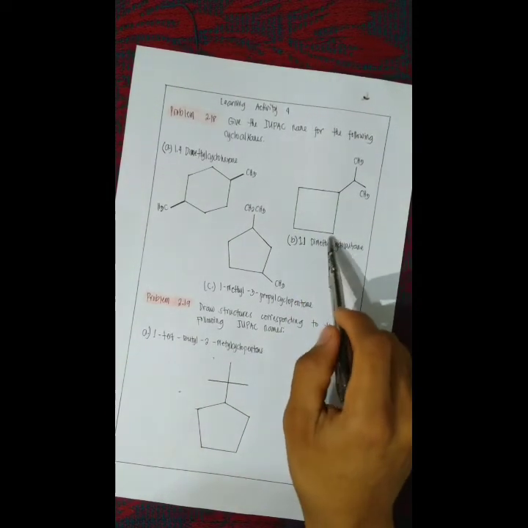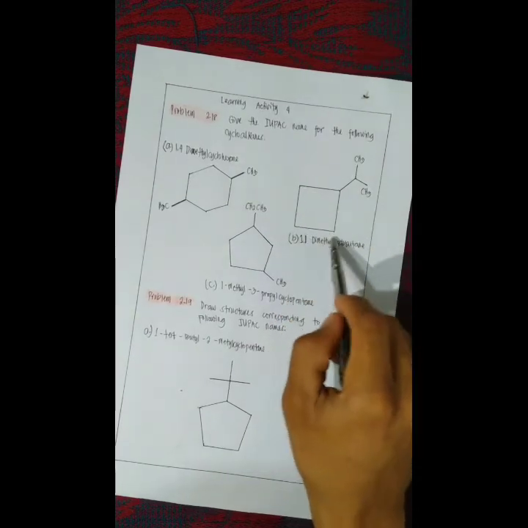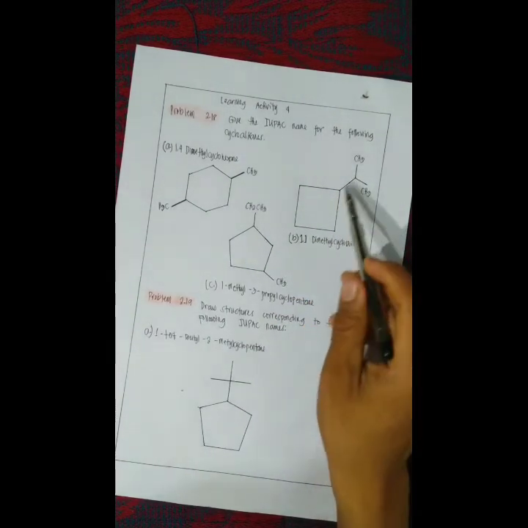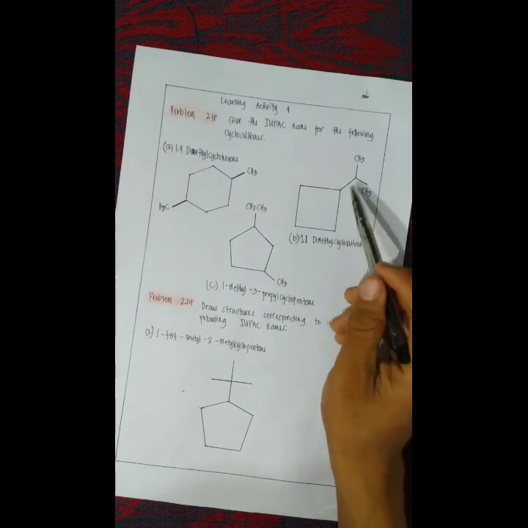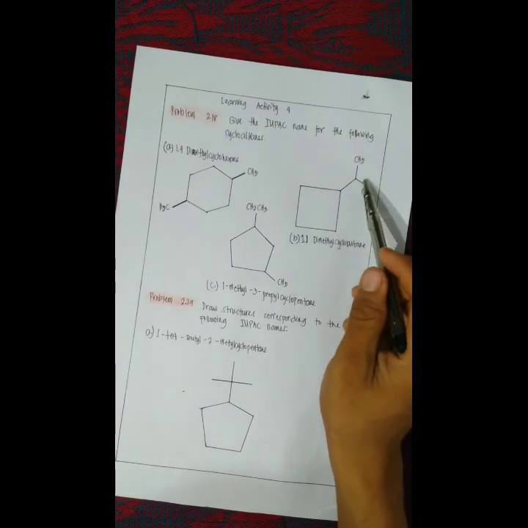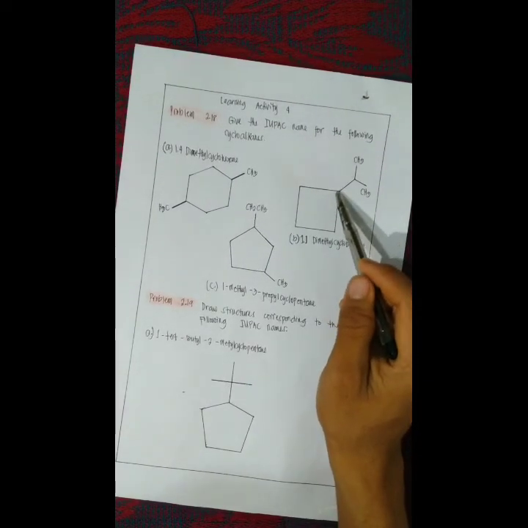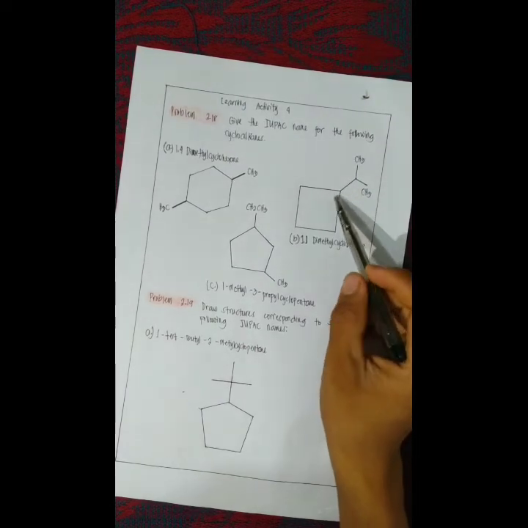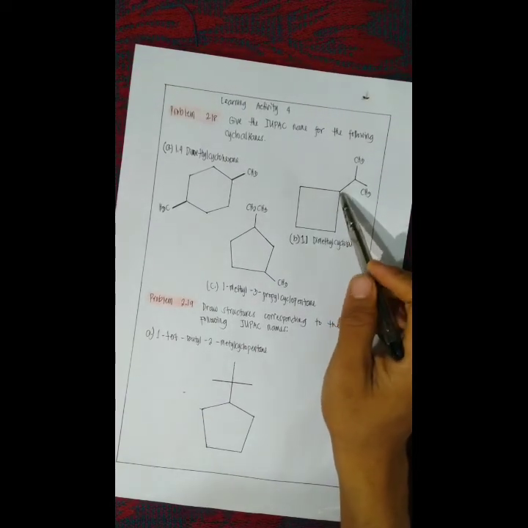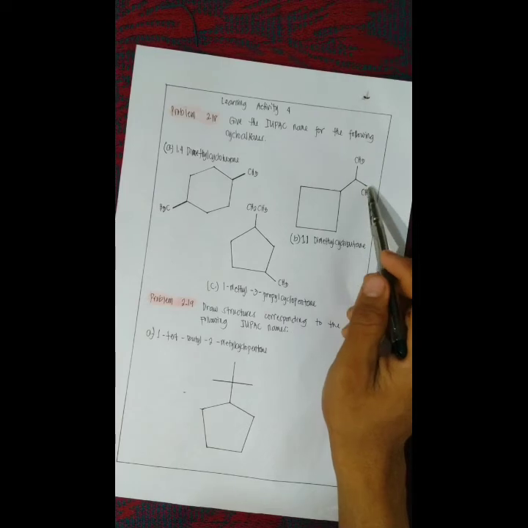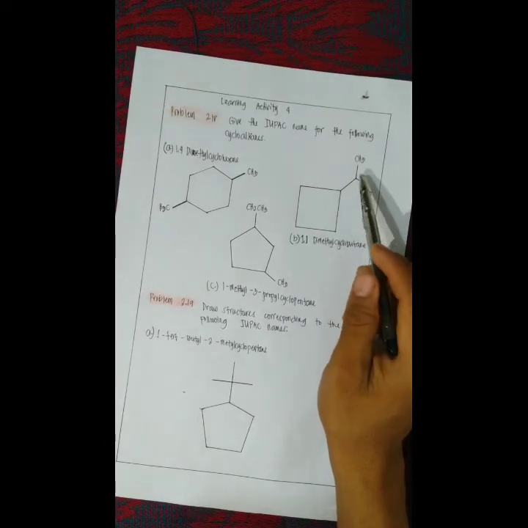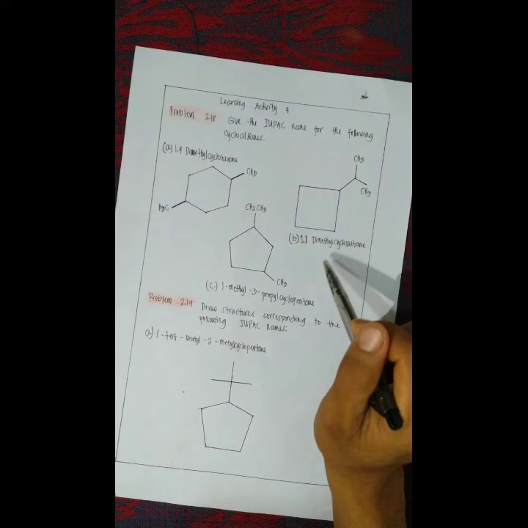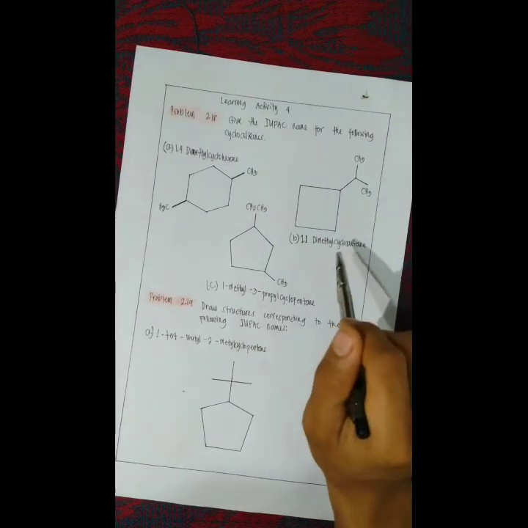The second is the dimethyl cyclobutane. This has 4 carbon atoms, so that's why it is called cyclobutane, and in the first position there is the methyl. So here, 1,1-dimethyl cyclobutane, because in the first position there are two methyls combined with this cyclobutane.